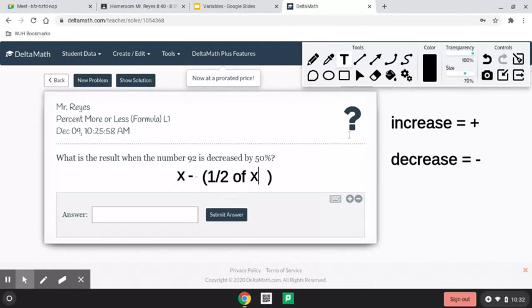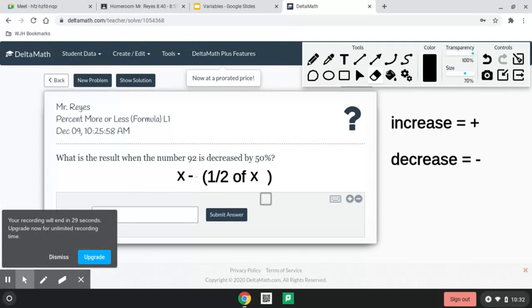Since of means multiplying, we can say 1/2 times x, or as we would have written it in Dice equations, x minus 1/2 x. And that's how we would write an equation to describe this problem.